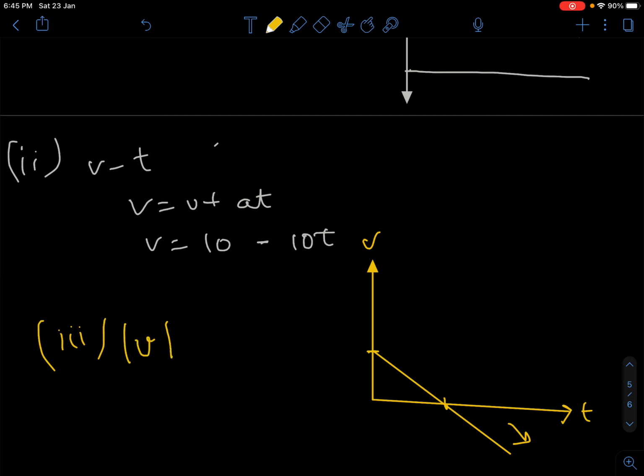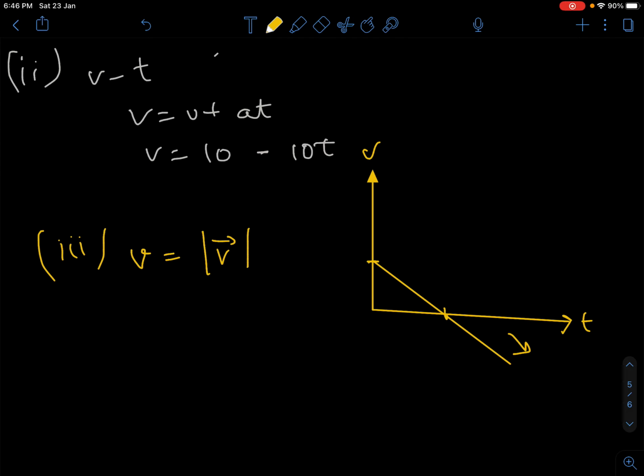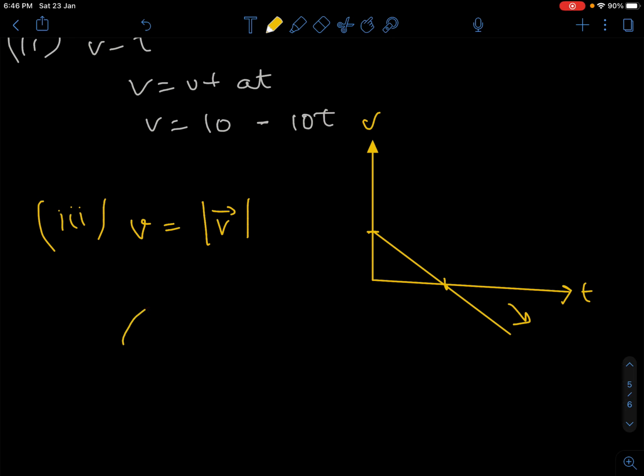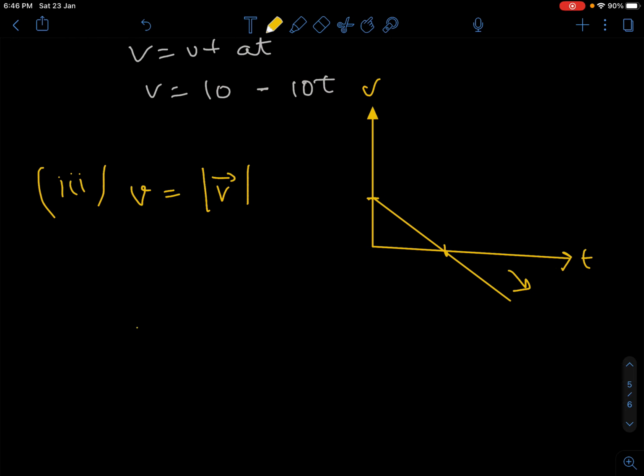Suppose this is a curve, and for a very short distance, this emerges as a straight line, right?